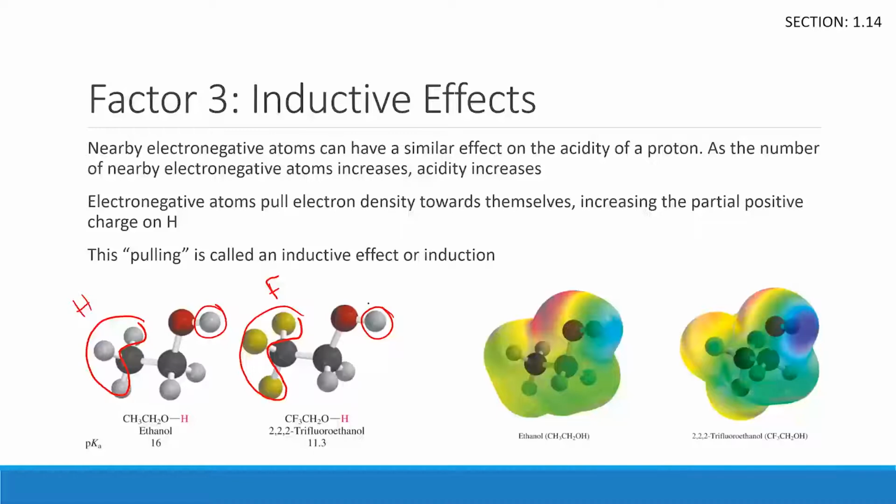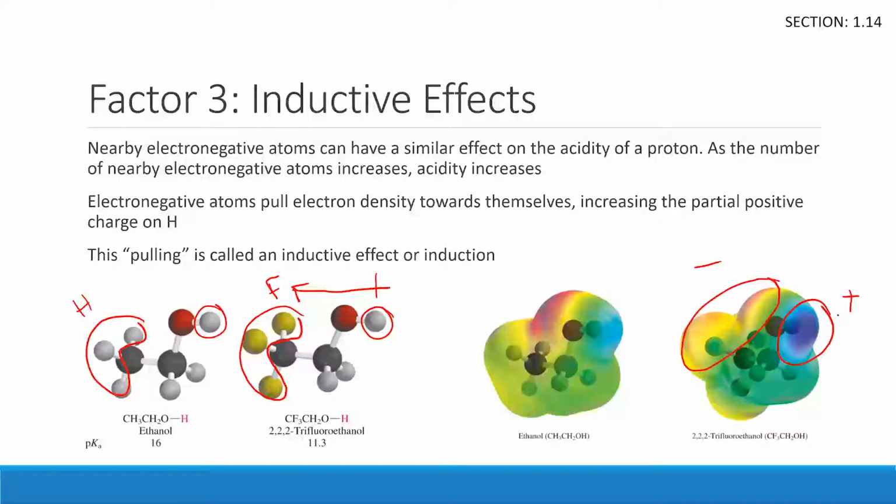But the fluorines, being very electronegative, pull electron density on this molecule in this direction because of their shape. You can see that when you compare ethanol to trifluoroethanol, it has this bigger region of negative electron density here and a bigger region of positive density by the proton.